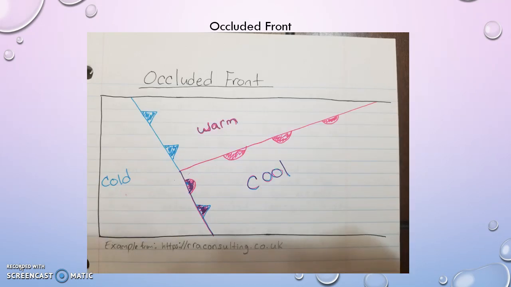Now we will discuss the occluded front. And this type of front is when a cold front catches up to a warm front and then it overtakes it. These often take place when a storm is going to end or it's going away.